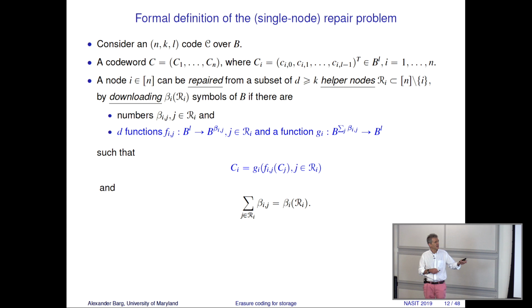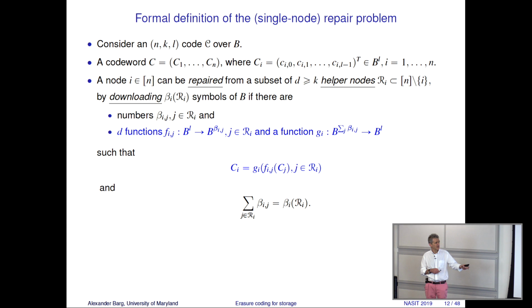A node can be repaired from a subset R_i of d helper nodes by downloading beta i symbols of B if there are functions f_ij that take the contents of helper node j and output B to the power beta_ij, the symbols that are transmitted from j to i, and a function that takes all of those symbols and outputs the lost node, the contents of the lost node.